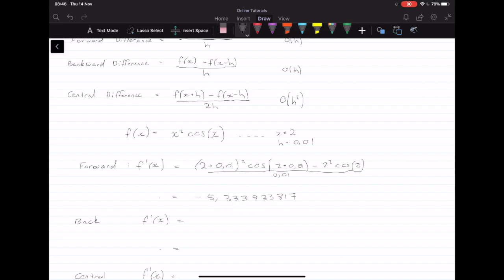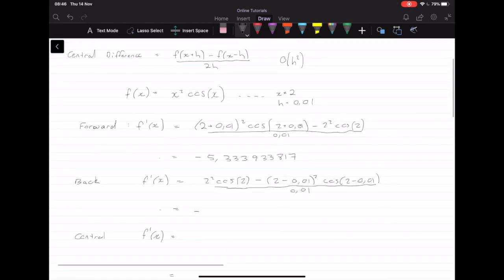Going on to the backward difference, we have f of x, which is 2 squared cos of 2, minus f of x minus h, which is 2 minus 0.01 squared cos of 2 minus 0.01, all over h, once again 0.01, and the answer that we get is minus 5.26951445.